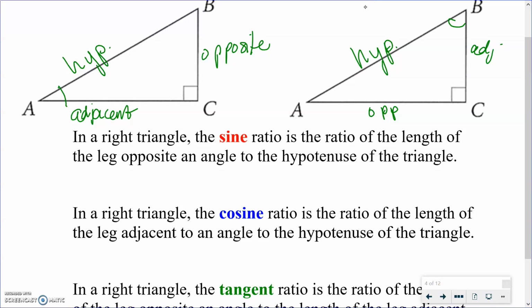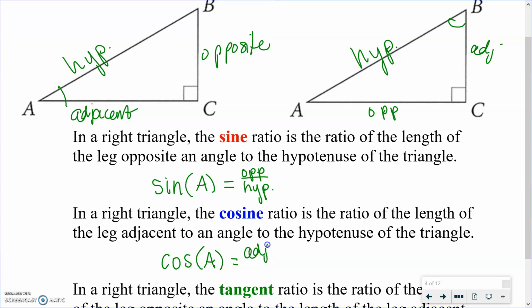So the sine of an angle, so we're going to call it angle A, is always opposite over the hypotenuse. Okay, so that's what we talked about yesterday. The cosine of an angle is always the adjacent over the hypotenuse.